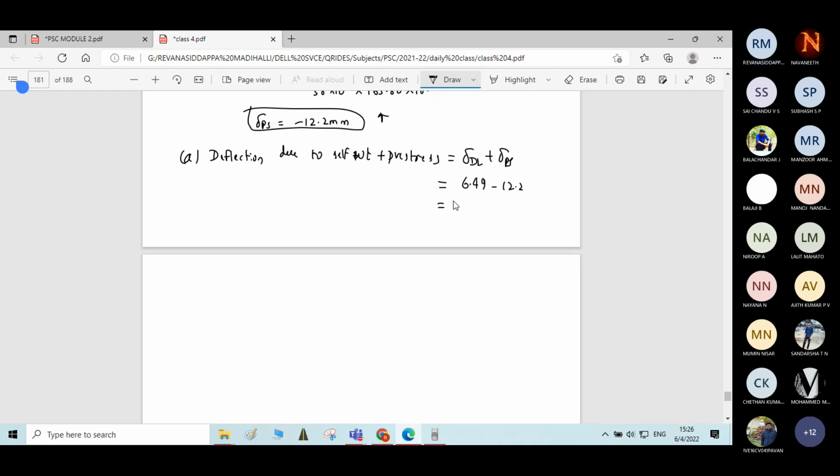Okay, that is minus 5.7 mm. The sign indicates net deflection is in upward direction.